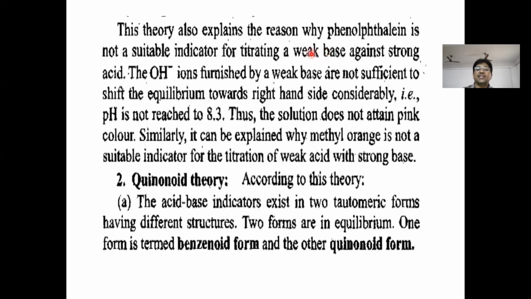The reason is that the weak base will produce very few OH minus ions. That small number of OH minus ions will not be sufficient to remove H plus ions from the phenolphthalein equilibrium reaction. That's why phenolphthalein cannot be used as a suitable indicator in the titration of a weak base versus a strong acid.